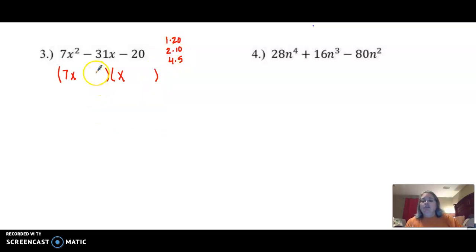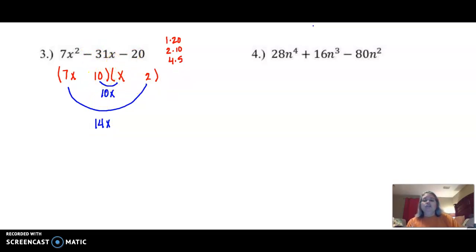If you wanted to start with, let's say we did 10 here and 2 here, well, notice when we do that, this gives me 14x, and this gives me 10x. Well, if I add 10 and 14, I get 24, and if I'm subtracting them, I'm getting further away from 31, right? So that tells me that 10 and 2 don't work.